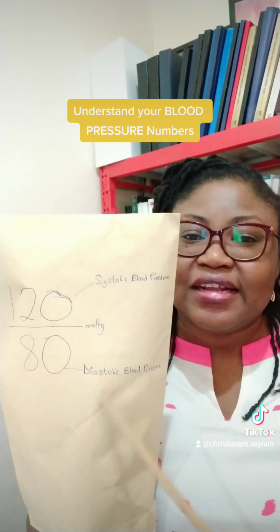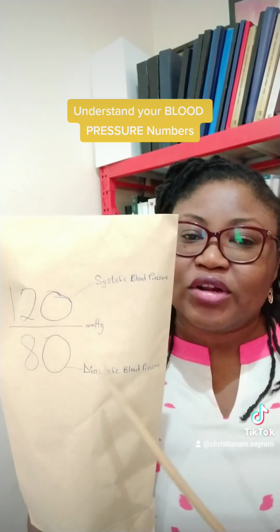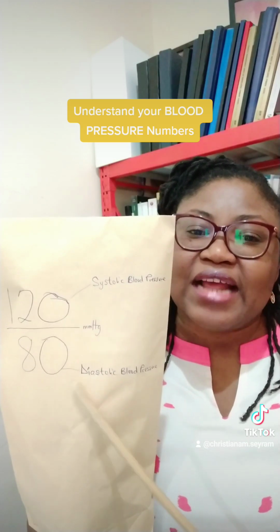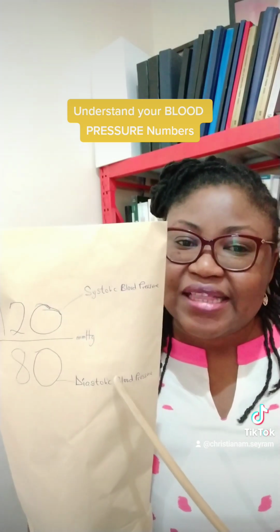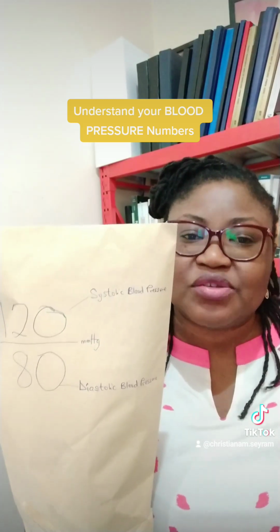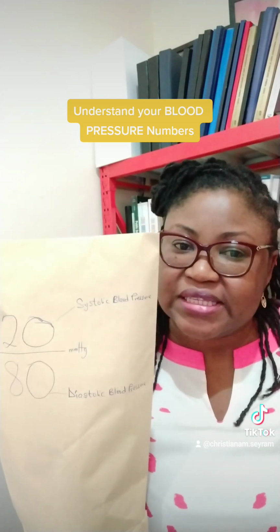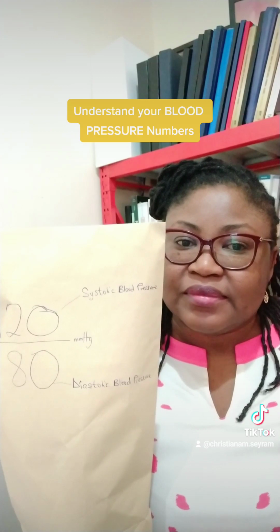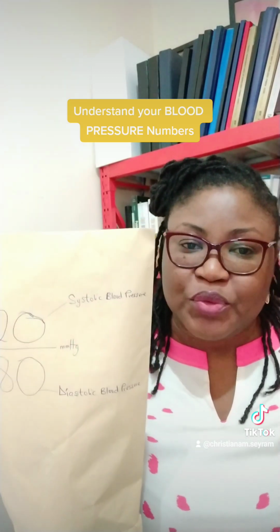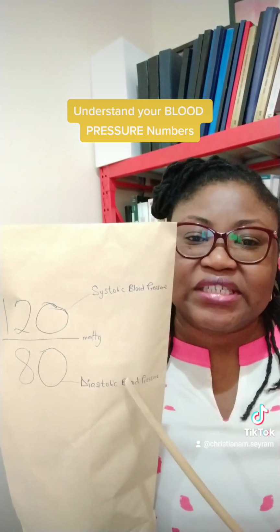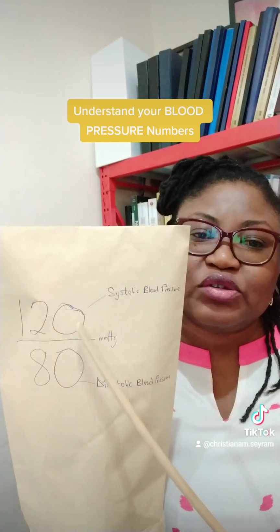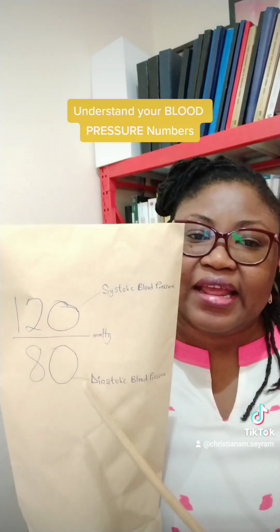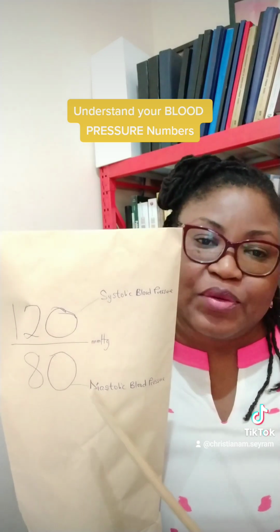And the bottom number, or the second number, is the diastolic blood pressure, and that is the pressure exerted on your arteries as your heart relaxes in between beats. So as your heart refills with blood, this is the pressure exerted on your arteries. And the top one is usually higher than the down one, or the second one.